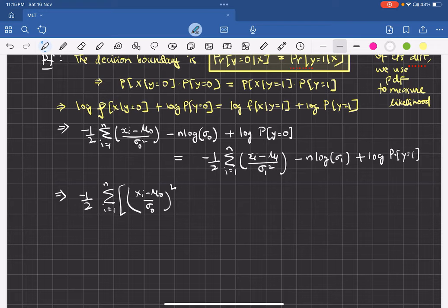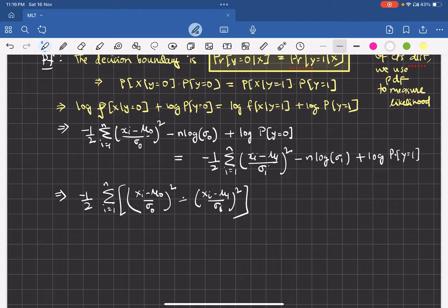Okay, this should be whole square, let me just make that correction. Sigma naught and sigma 1, and then minus, I will have xi minus mu 1 by sigma 1 whole square, right? Okay, so this is what we have.